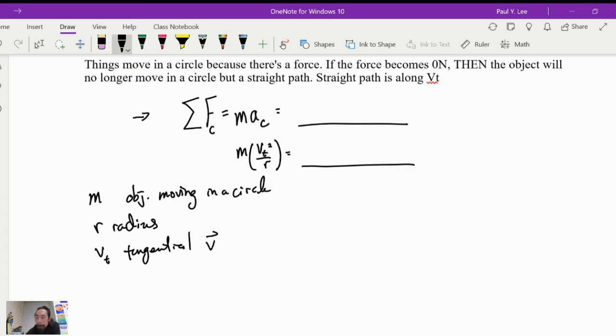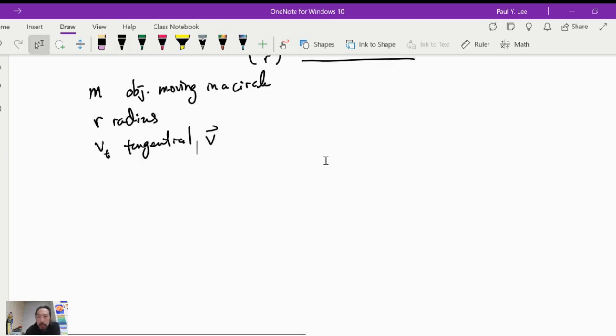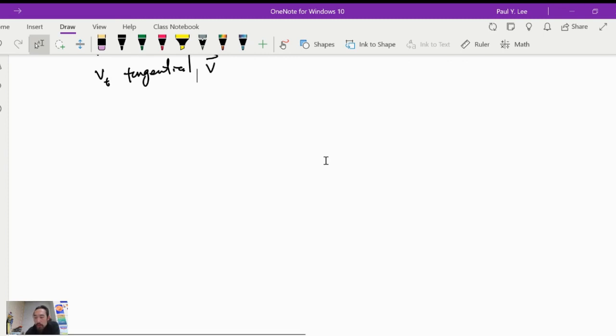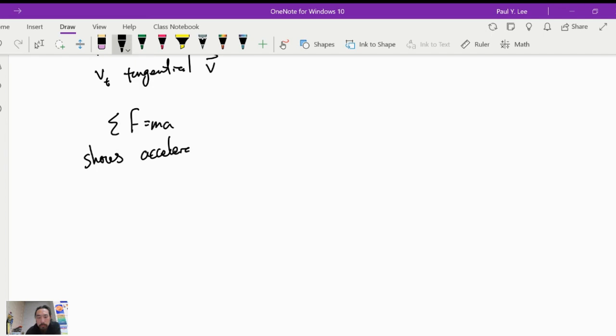With this idea, I just want to make a distinction between our previous unit and this unit. In our previous unit, we used this formula, F equals ma, and this model shows accelerating objects. If you have an object that is accelerating, it's because there's a force. It shows accelerating objects, and it's either a speed up or a slow down.